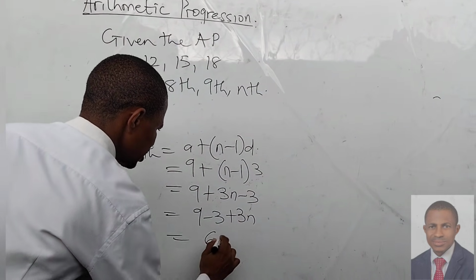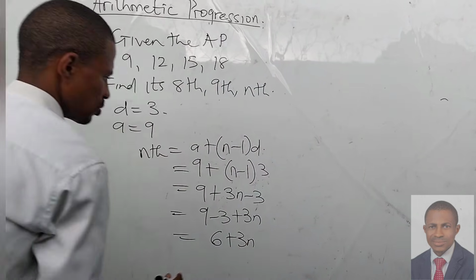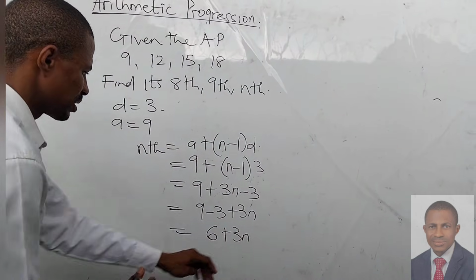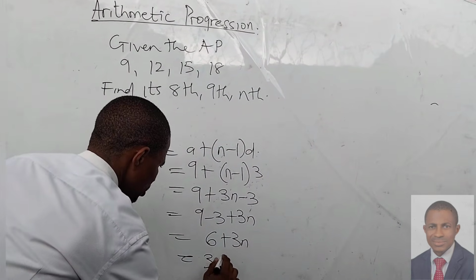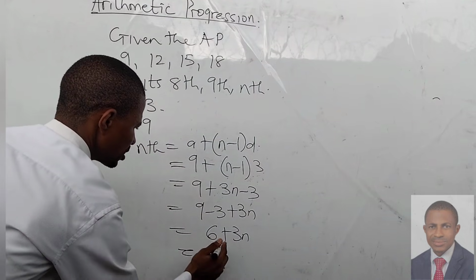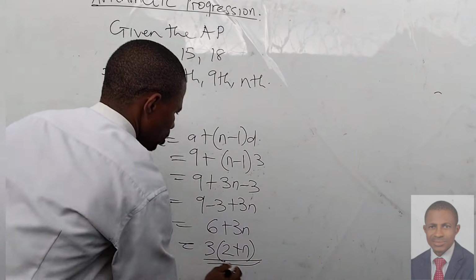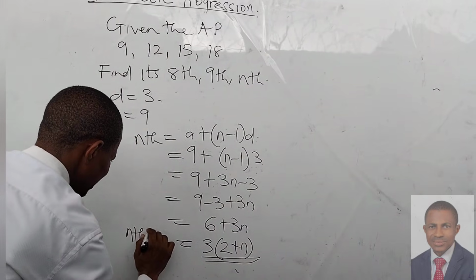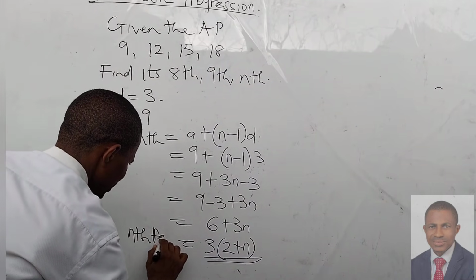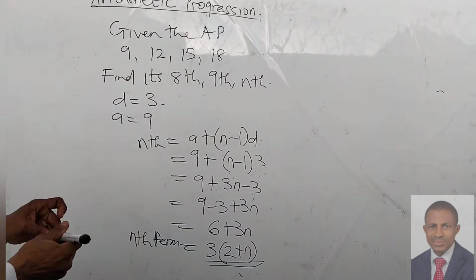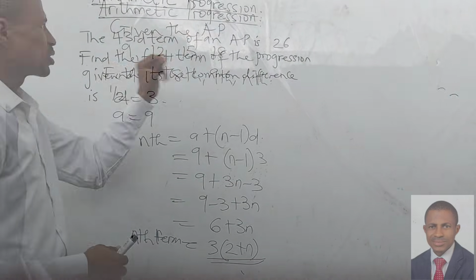That will give us 6 plus 3n. So what's the commonality between 6 and 3? That's 3. So we have 3 into, how many 3 is in 6? 2 plus n. So this will be our nth term for the above question.